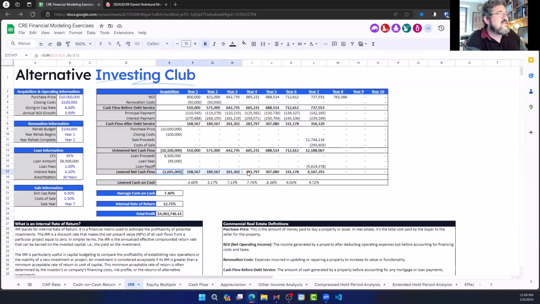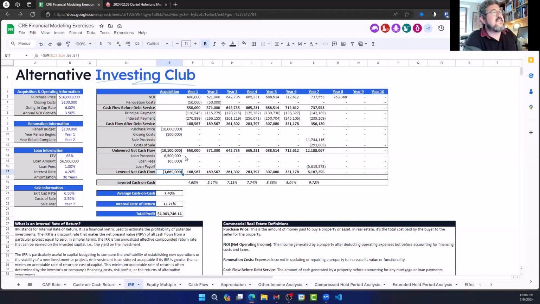And it summarizes those. You can either take an unlevered IRR, which is the summary of those things before you include your mortgage, your debt service, or you can take a levered IRR, which is after you include the debt service.